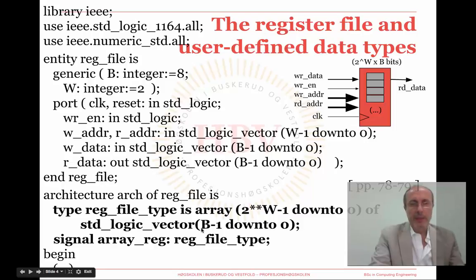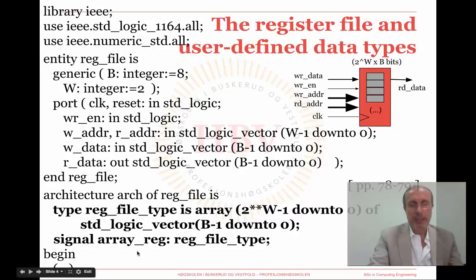This user-defined data type is declared at the beginning of the architecture body, and the type statement here is used to build a two-dimensional array, which is in fact an array of arrays, in the form of an array of standard logic vector data types.